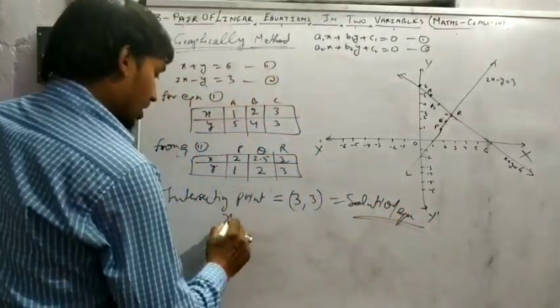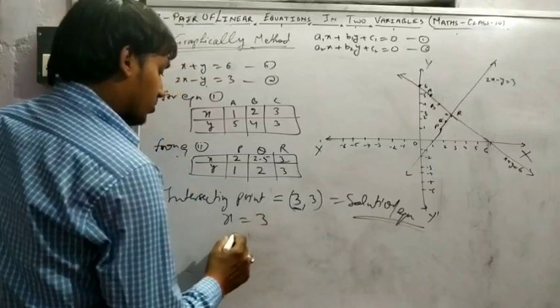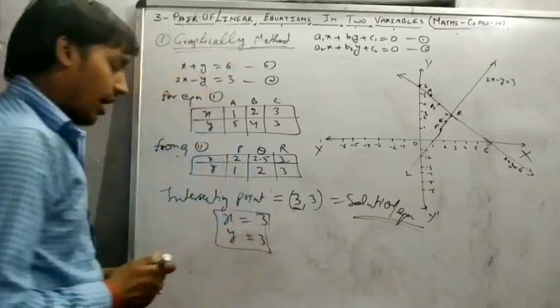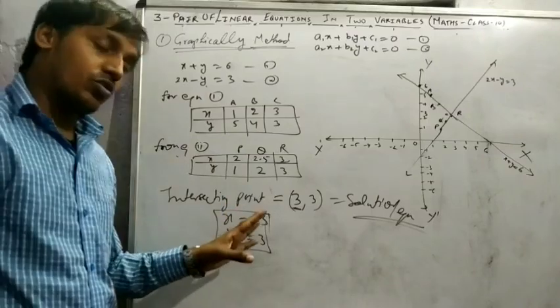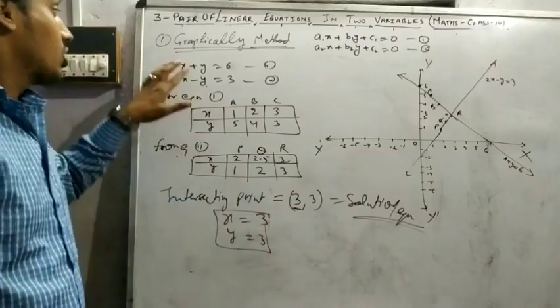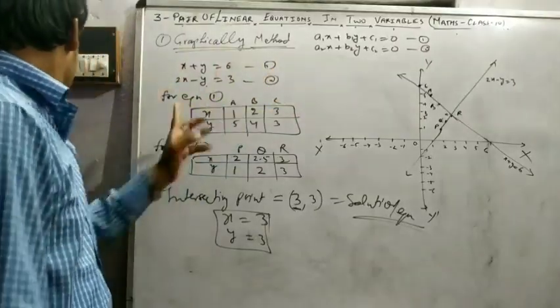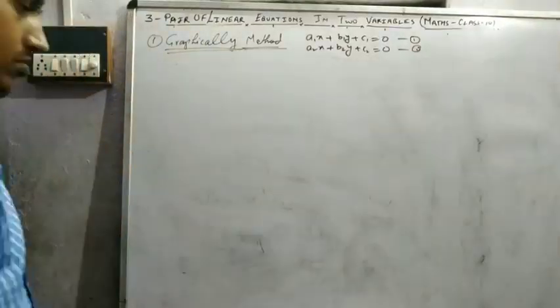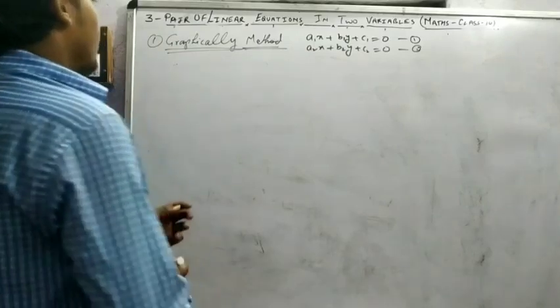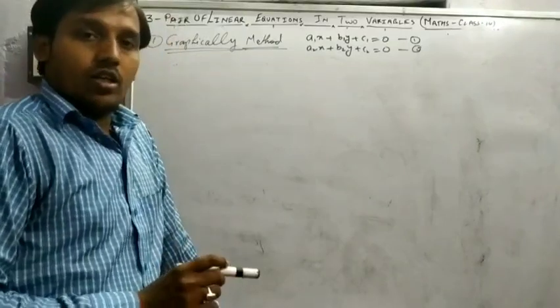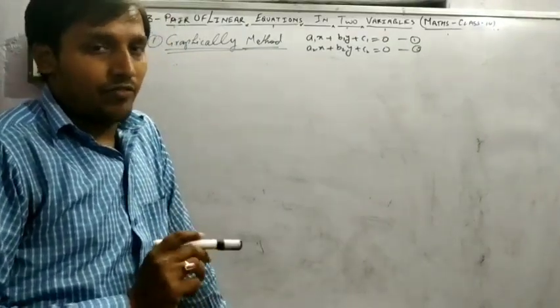That means x equal to 3 and y equal to 3. It is the solution of the equations by the graphical method. So we draw the graph and find the solution.